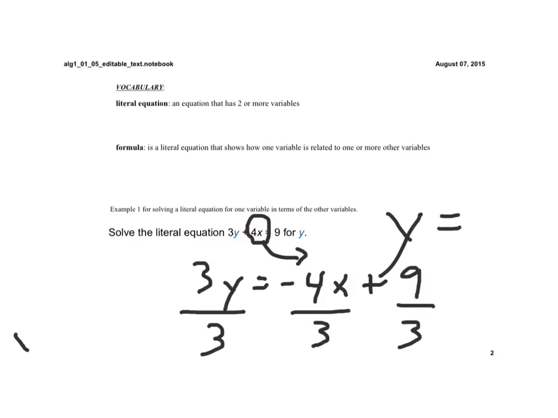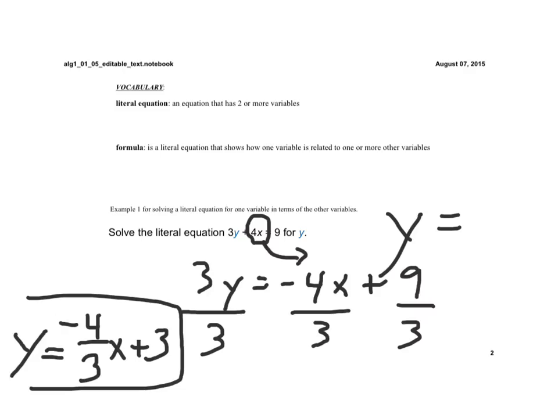So now our answer would be y equals negative 4/3 times x, and then 9 divided by 3 is plus 3. And now that's our final answer for rewriting that literal equation in terms of y.